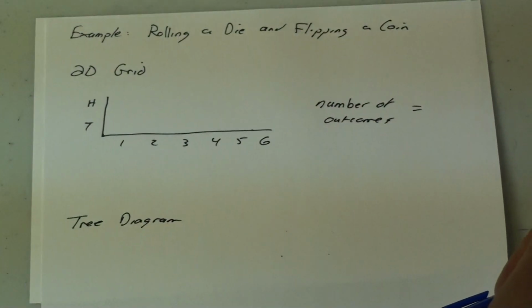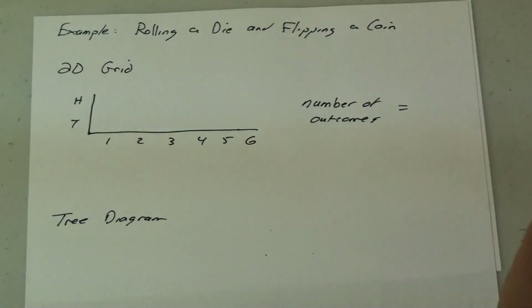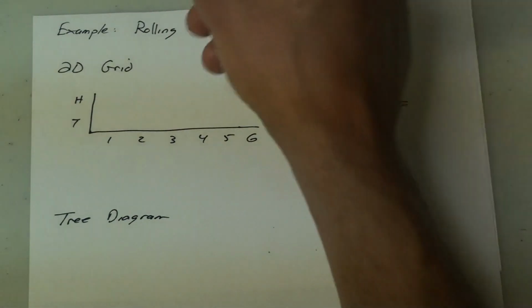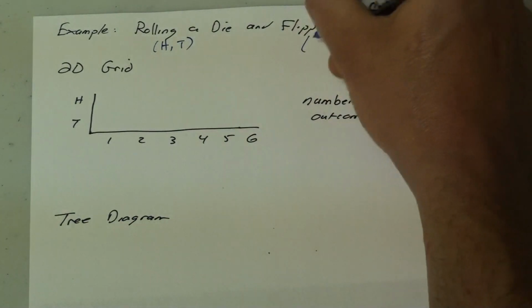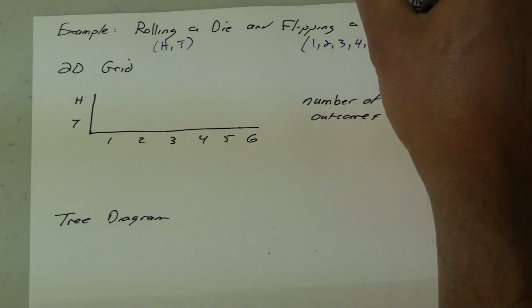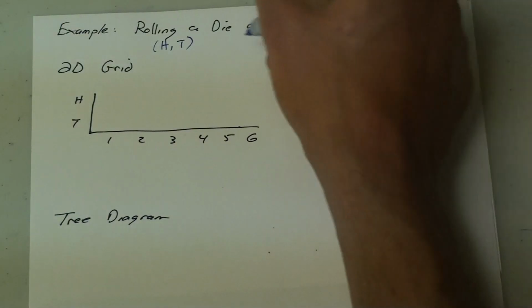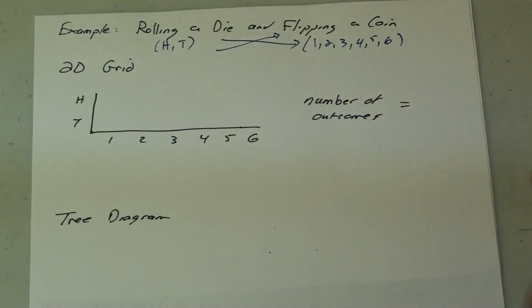Just a couple of quick examples. If I was to roll a die and flip a coin, rolling a die you have 1, 2, 3, 4, 5 and 6, and flipping a coin would be heads and tails.